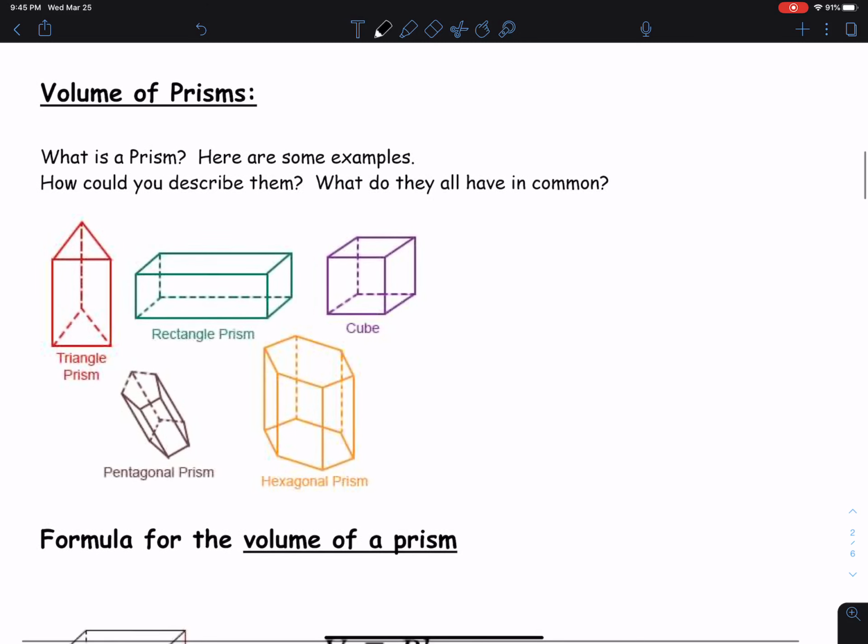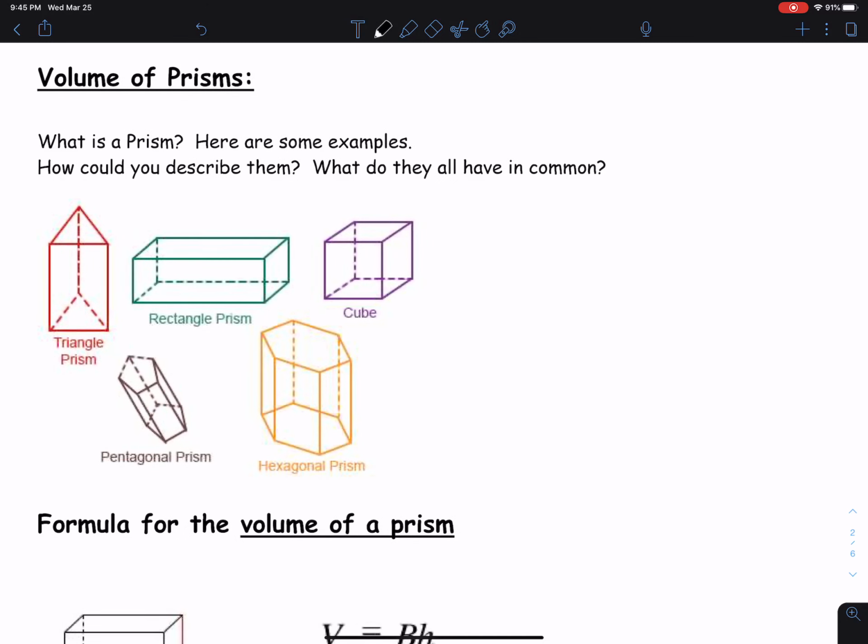So the first volume that we're talking about is a prism. So it says, here are some examples. How would you describe them? What do they all have in common? So basically, a prism is a shape on one end. So if we look at a triangle prism, it has a triangle on this end and a triangle on this end, and then it's like an elongated triangle.